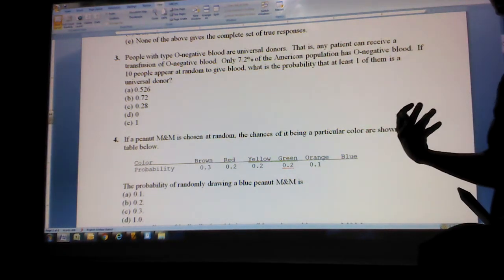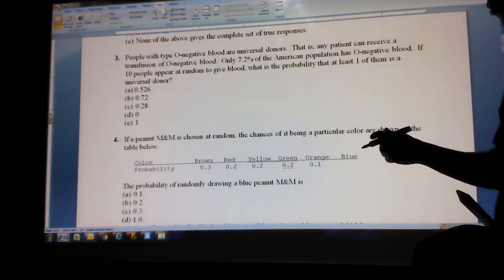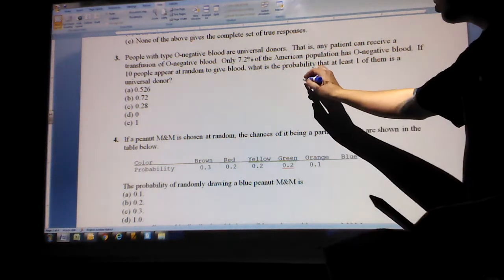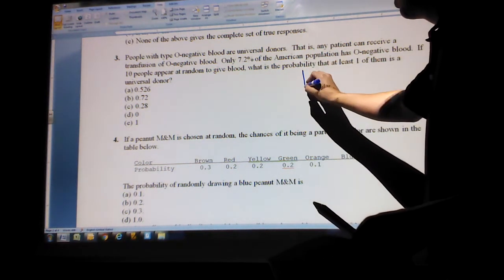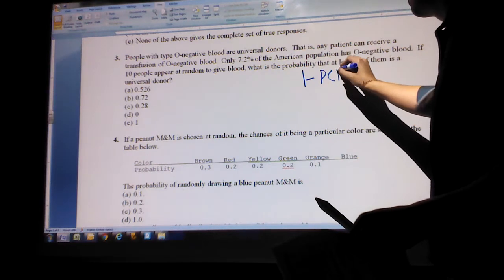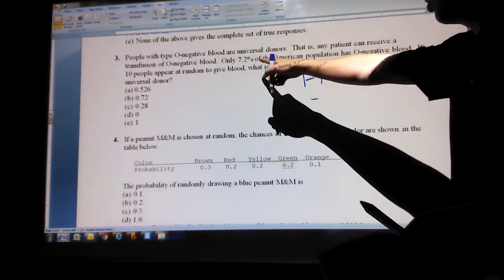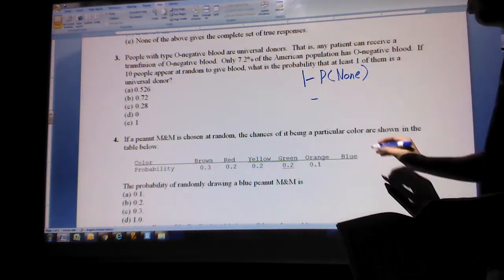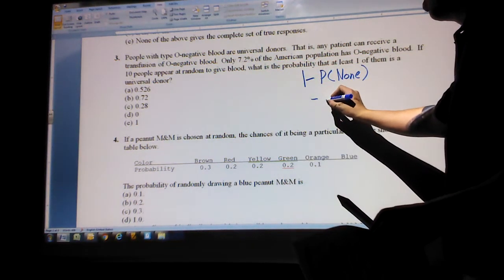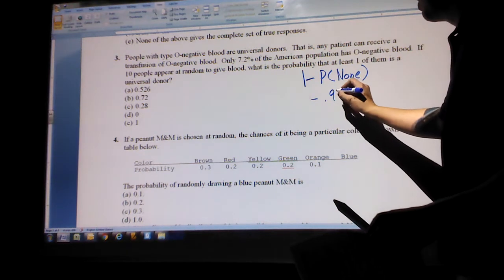Please, please, when you hear the phrase, at least one, think I better go opposite. So I'm going to go 1 minus the probability of none. The probability that no one has type O blood is 0.928.